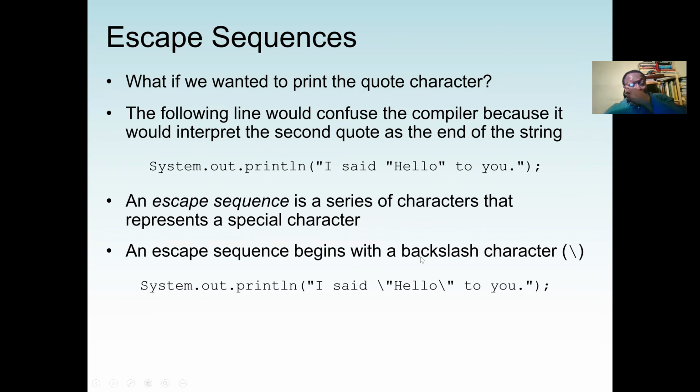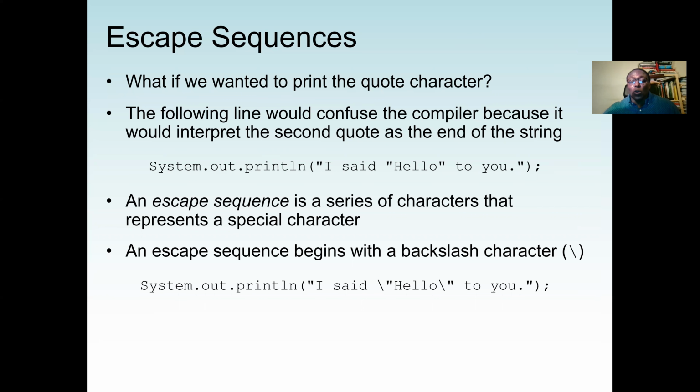So next in Java, we have what we call the escape sequences or escape operators, like \n, \t for tab, \r to return the carriage, etc. So what if we wanted to print the quote character?